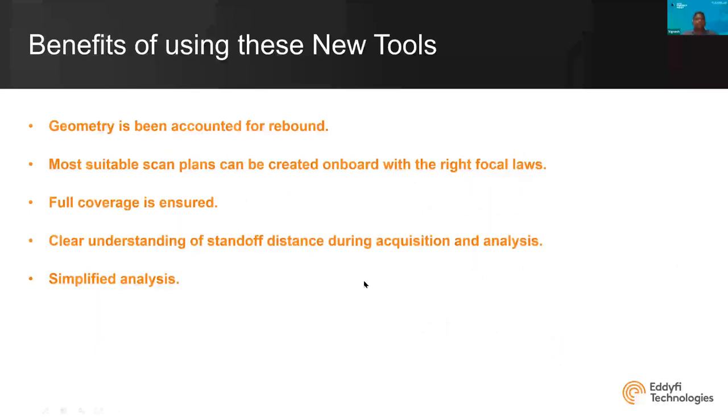So the benefits of these tools, basically, the complete geometry is taken into account. So we make sure that the welding process, the way two components are welded, everything is taken into account, and rebounds from different areas are basically considered. Everything is on board.